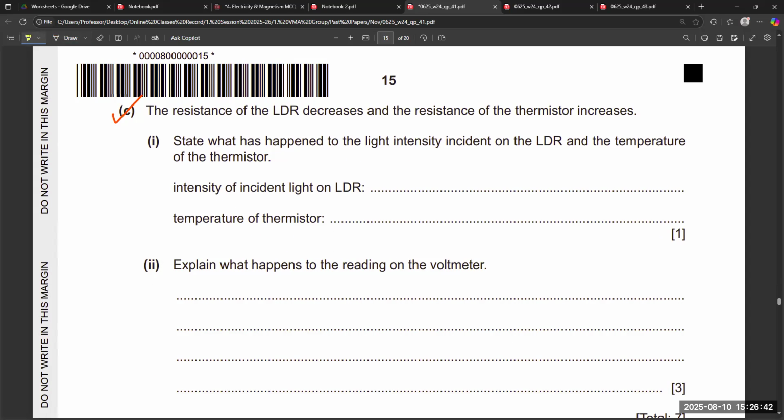Then in C part of the question, the resistance of the LDR decreases and the resistance of the thermistor increases. State what happened to the light intensity incident on the LDR and the temperature of the thermistor.